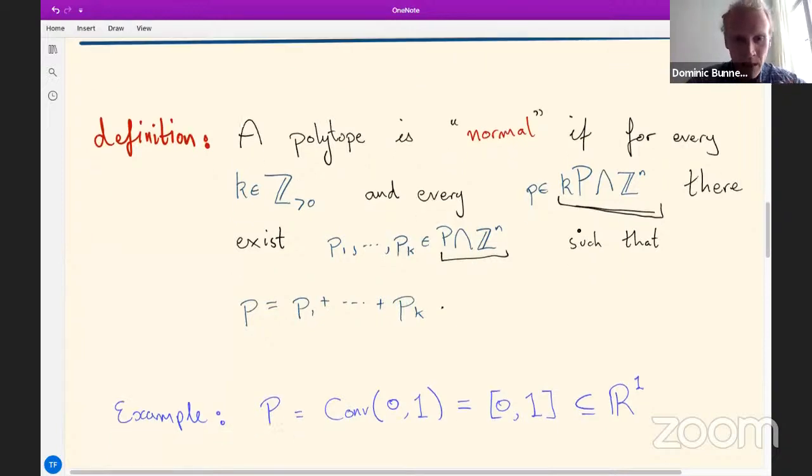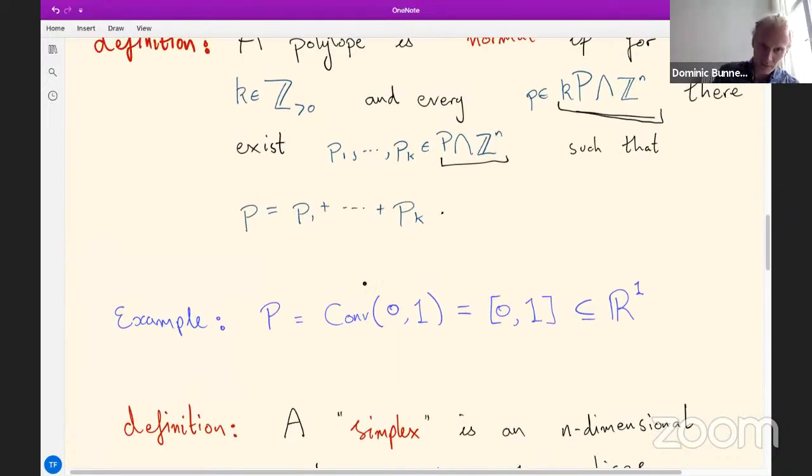And here's another kind of stupid example. We start with the polytope given by the interval. It's contained inside R^1, and it's given by [0, 1].